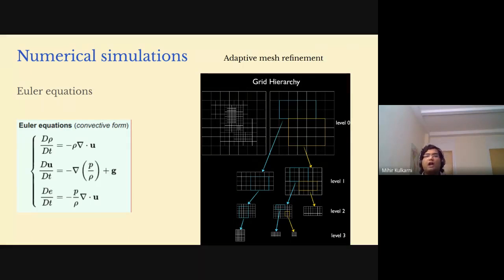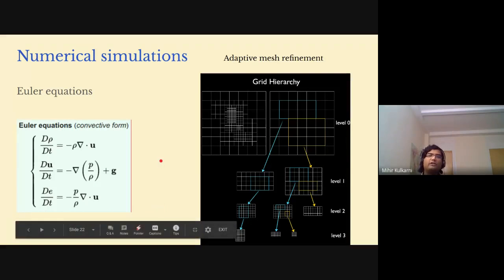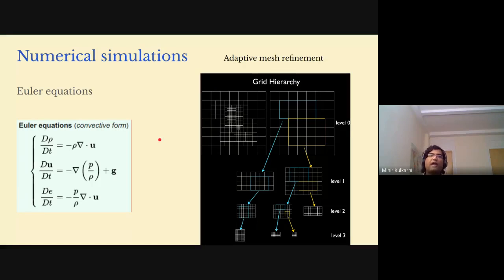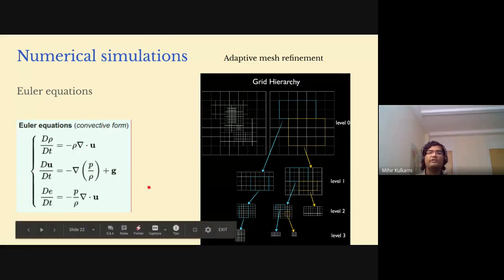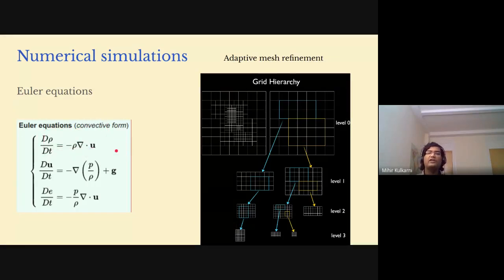Okay, and we can identify the critical mass for population 3 stars using numerical simulations. What we typically do for solving cosmological numerical simulations is we treat gas as a fluid, and to evolve it in time, we can solve what are called Euler equations, that are fluid equations. The first equation is generalized mass conservation law.